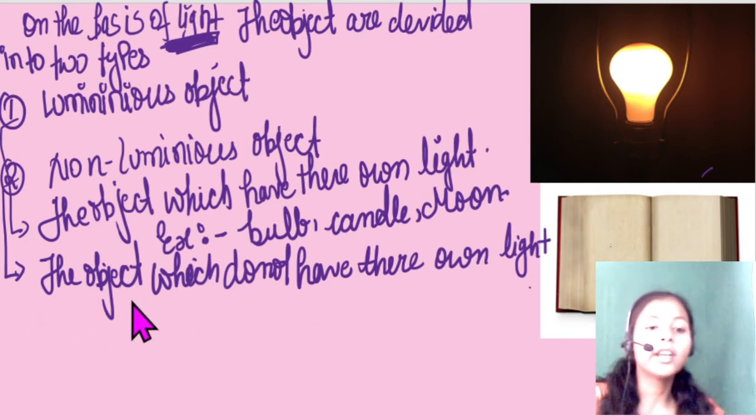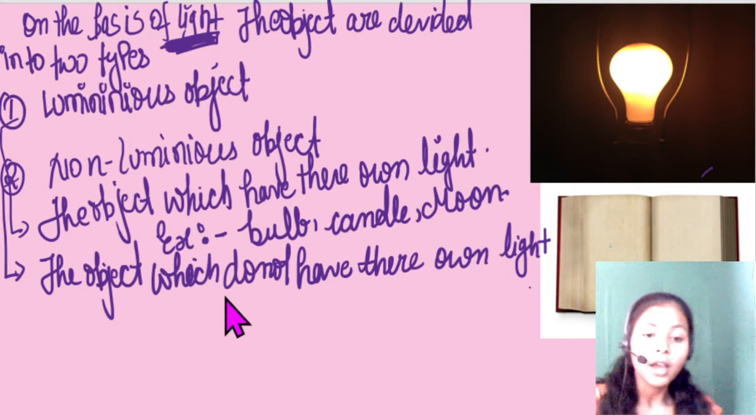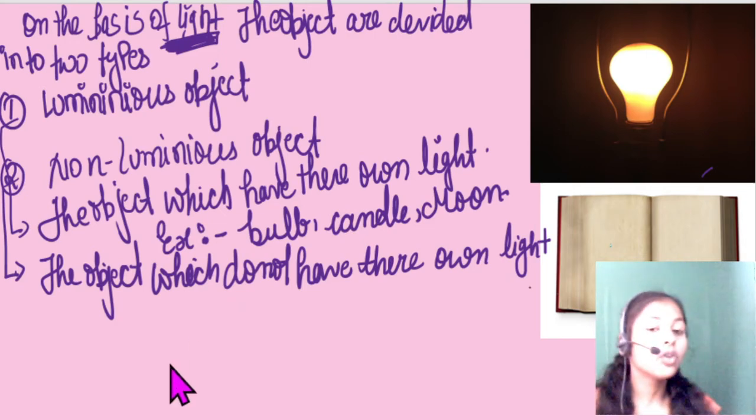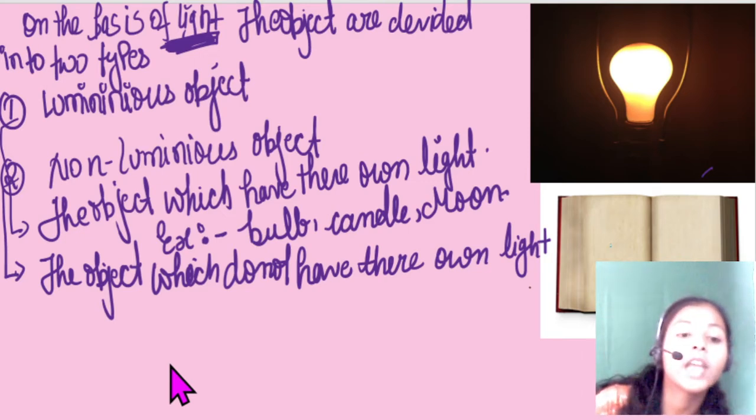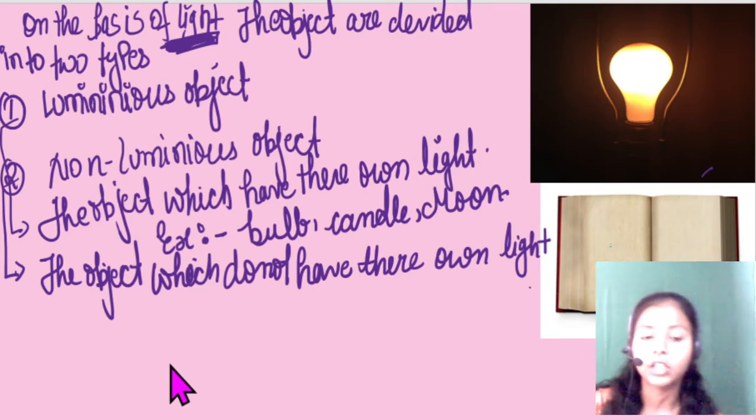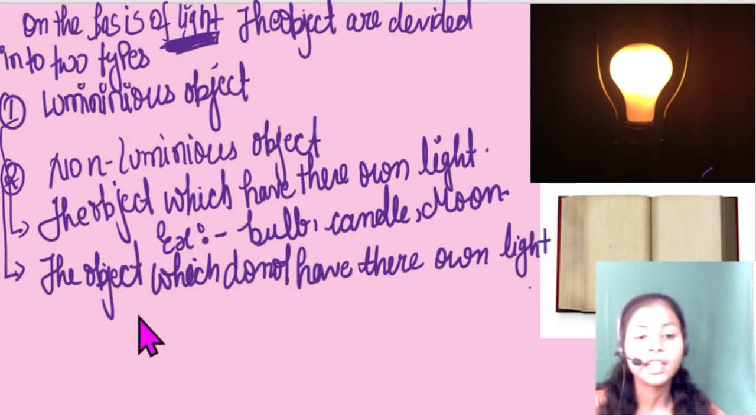Means the object which does not have its own light, we cannot see these objects without any luminous object. About this sentence I will discuss further.